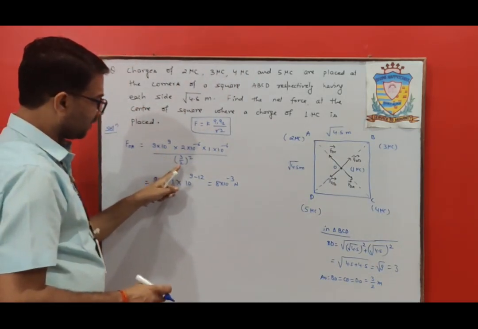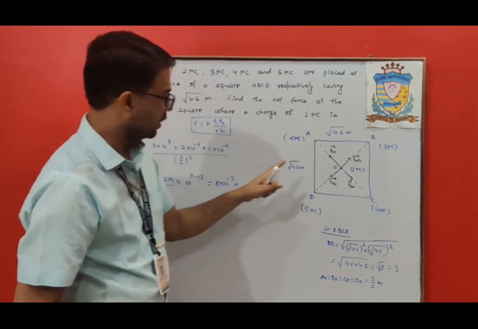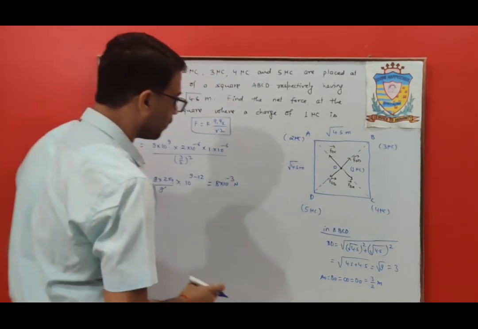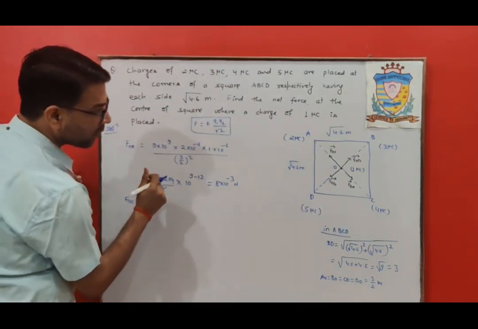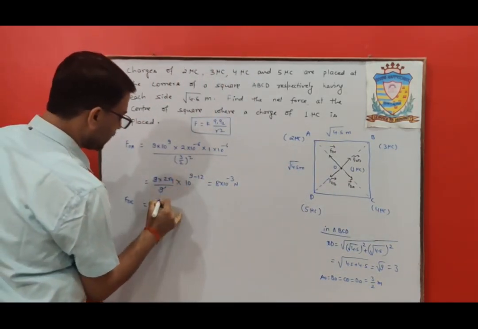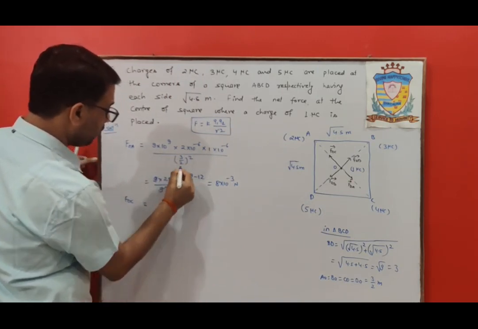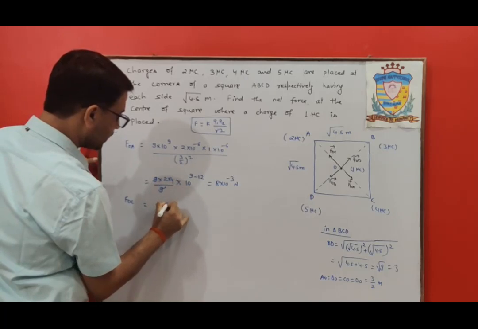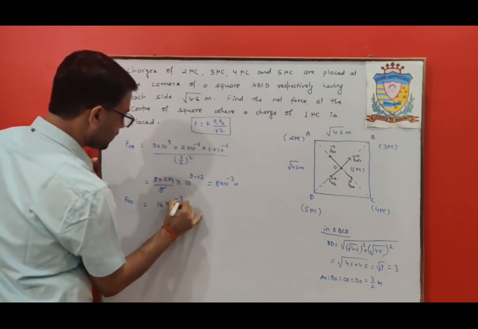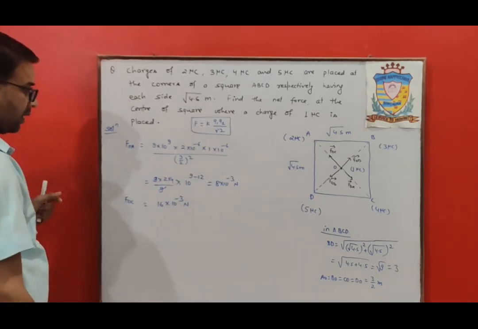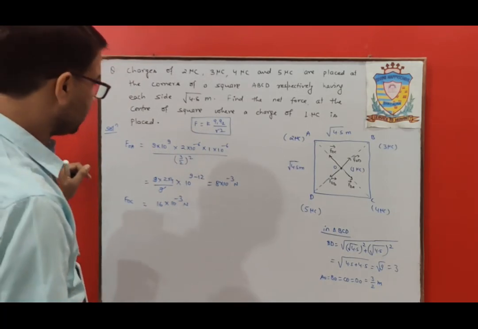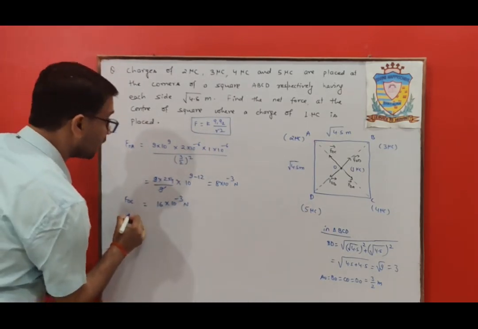Only we will multiply the value of 4 with the charges. So in this case the charge is 4, that means 4 into 4, sorry, that is 16 into 10 to the power minus 3 Newton.